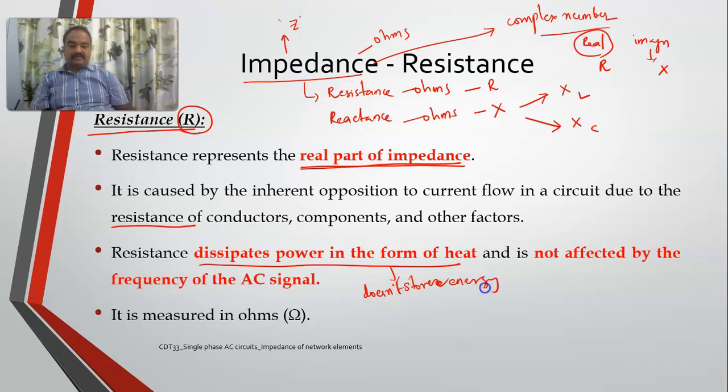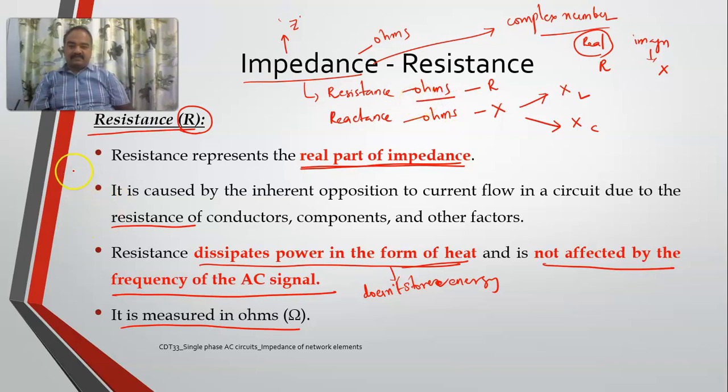It only dissipates power in the form of heat. And it is not affected by the frequency. Whether there is a change in current or change in voltage, it doesn't bother. It just opposes the flow of current. So that's why resistance is not affected by the frequency of the signal. It is measured in ohms.